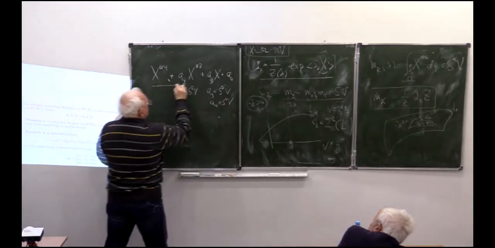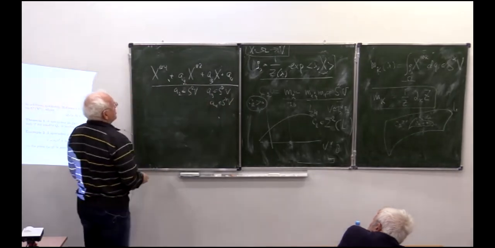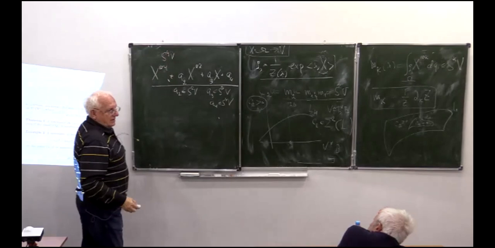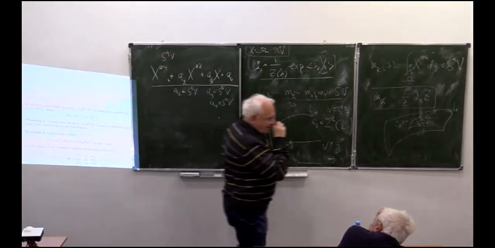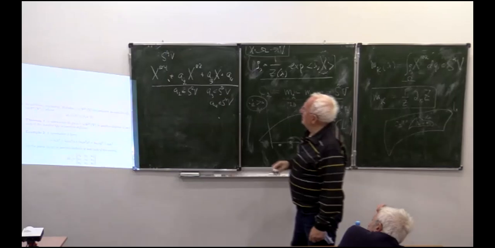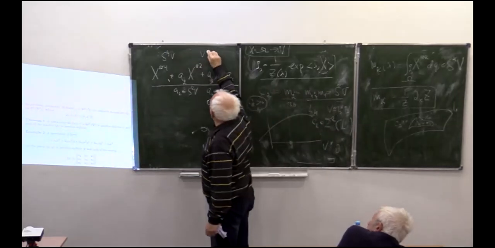So this polynomial in x is an element of S4V, and you can consider it as a homogeneous polynomial of degree 4 on V star.